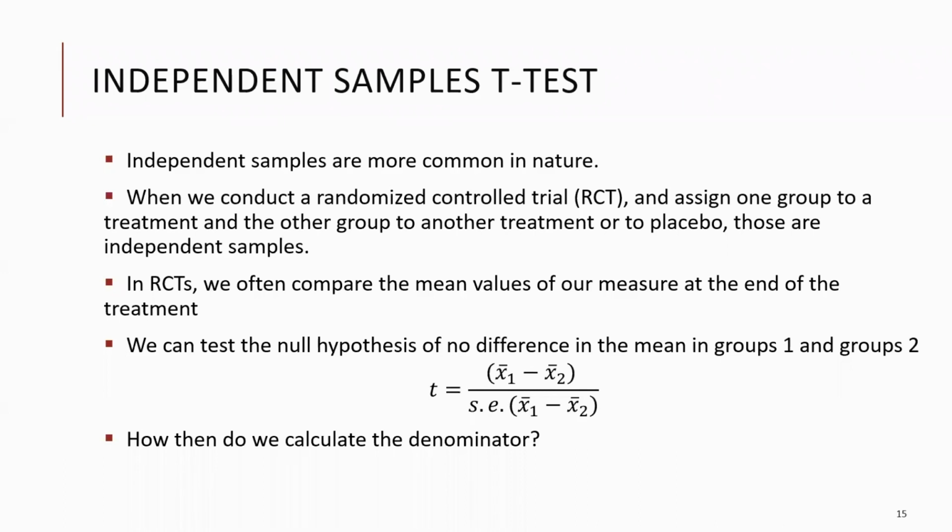Now, the example we're using here is a randomized control trial where we assign one group to a treatment and the other group to another treatment or placebo.